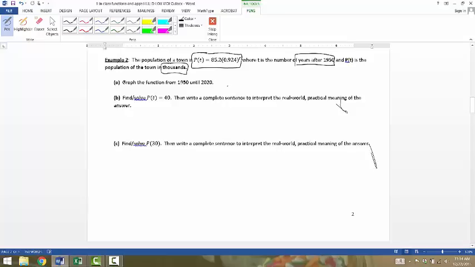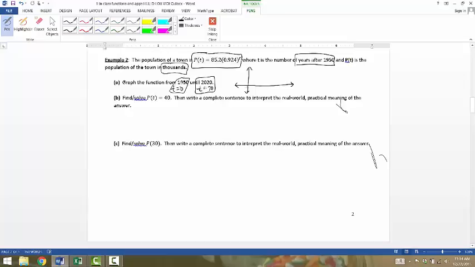So it asked us to graph this function from 1950 up until 2020. So you could do that on a graphing calculator. Later, soon in the course, we're going to start doing this sort of thing on Excel. When you graph it from 1950 up to 2020, 1950 means t equals 0, 0 years since 1950. 2020 would be 70 years after 1950, so that's t equals 70.